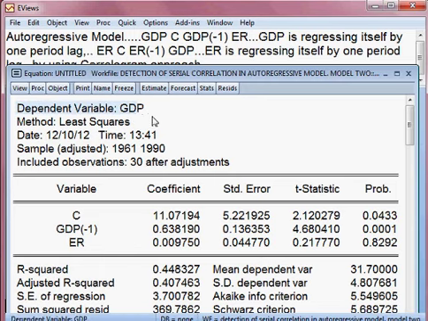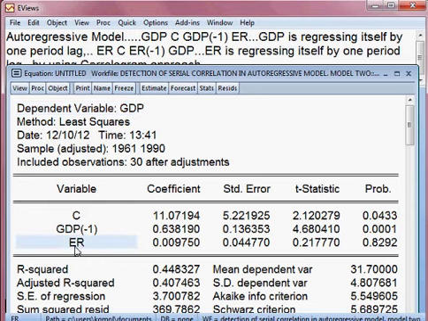GDP is the dependent variable, right? And this is the lag 1 GDP. Is it significant? Yes. It is highly significant because the probability value is less than 5%. So GDP lag 1 is a significant variable to explain our dependent variable.